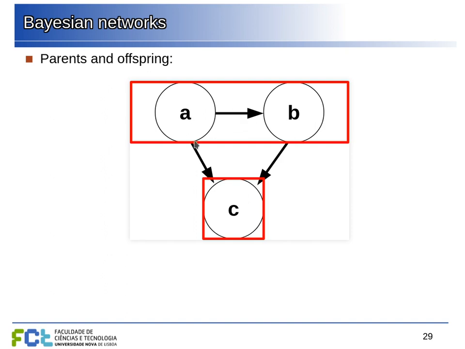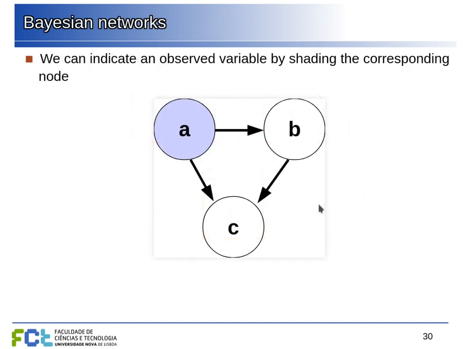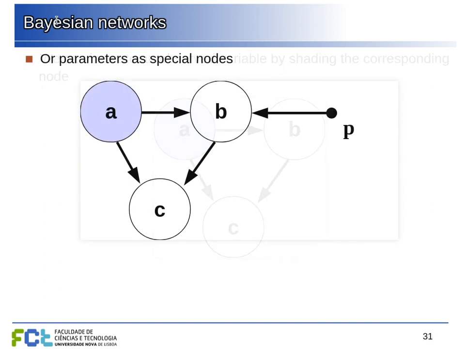And also we can say that the variables that depend on some particular variable will be their offspring. If we have some value that is observed, so some variable that we can observe, and so the value is fixed, we can also represent it in the graph by using, for example, a shaded node. We can represent parameters as special nodes.